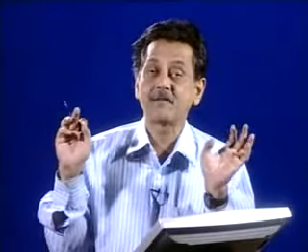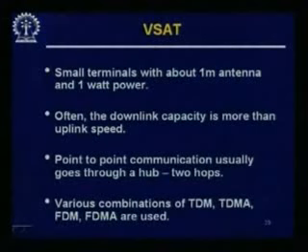So, you get considerable delay, of the order of half a second, for this communication between A and B. But then there is no setup time, so you can set it up very quickly any way you like. Various combinations of TDM, TDMA, FDM and FDMA are used for handling the MAC, and this is all controlled by that central hub. So, that is how it is done.